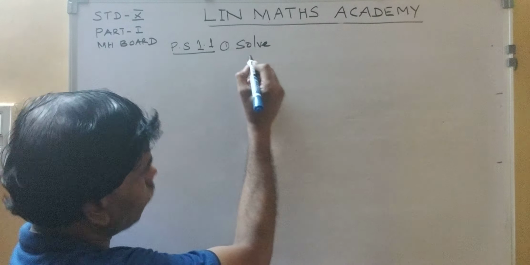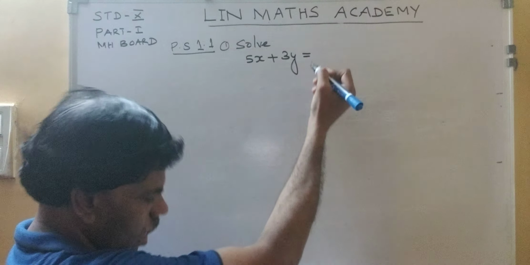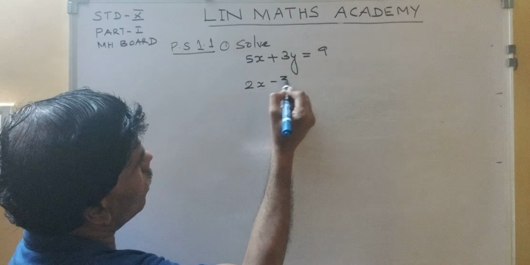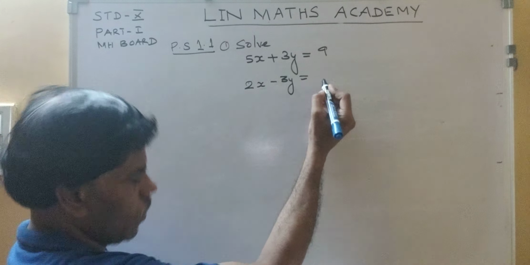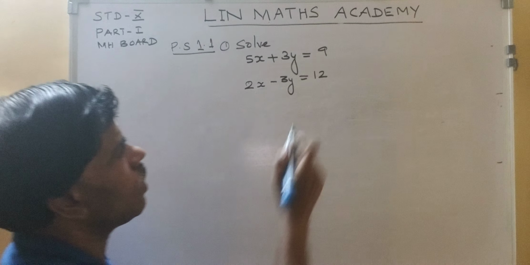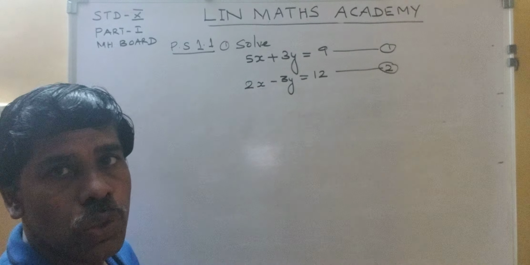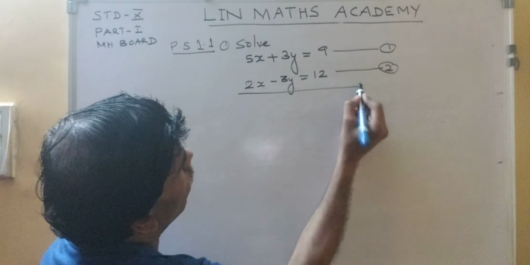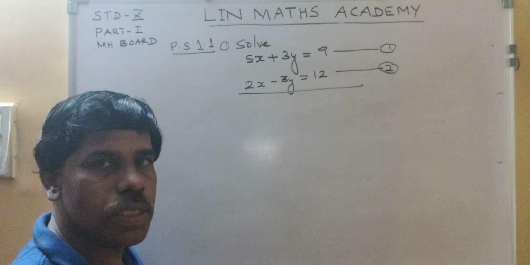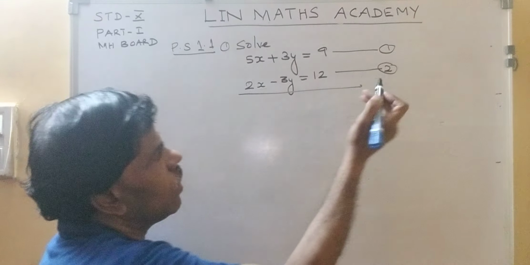Solve 5x plus 3y equal to 9, 2x minus 3y equal to 12. So we are going to solve these two equations. We call this equation number 1, this equation number 2. Now look at these two equations, very simple. Here what is the coefficient of y? Plus 3. Here what is the coefficient of y? Minus 3.